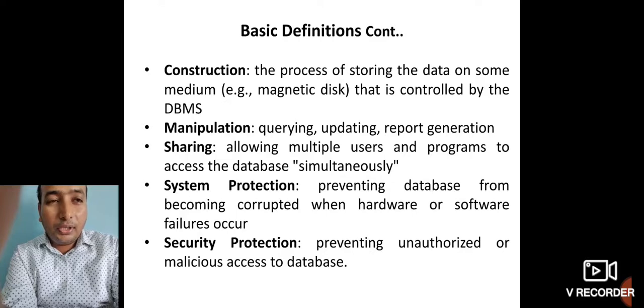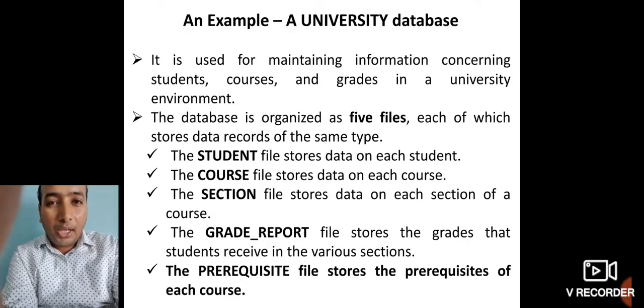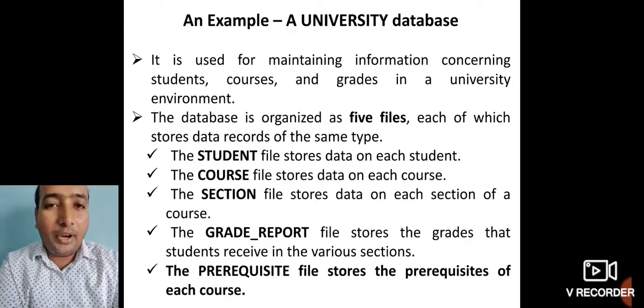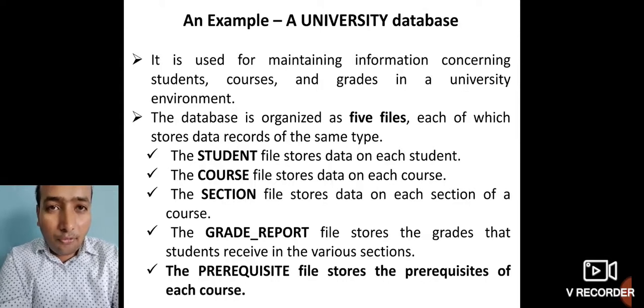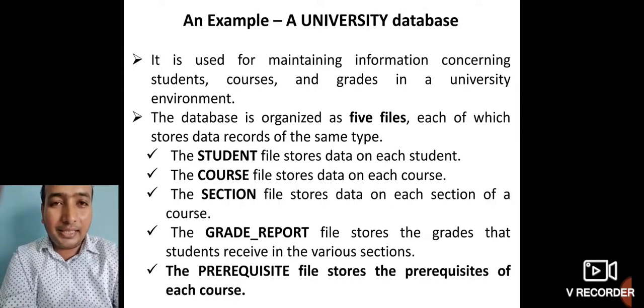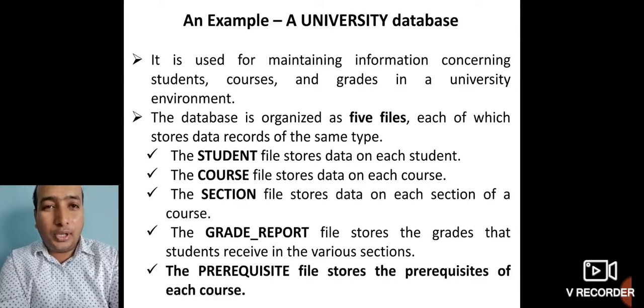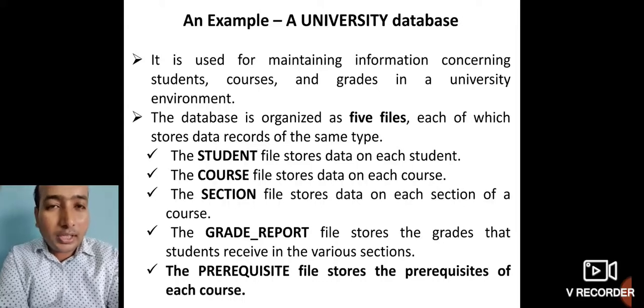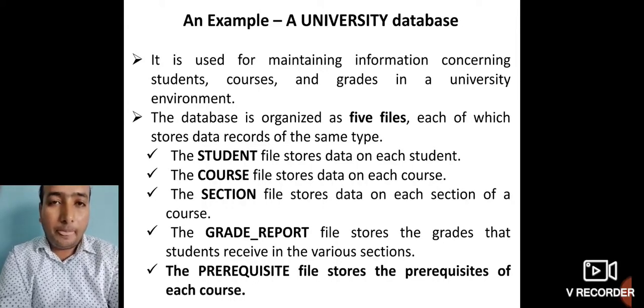With that introduction to your database management system, now let us have a real-time example of a database management system. For today's session, we have taken a university database as an example. I think you know your university, the university where you are all studying. It is Kuvempu University, isn't it?